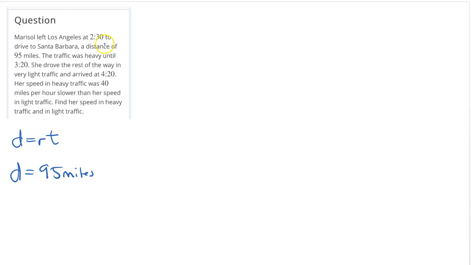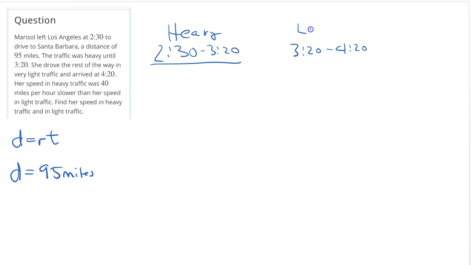So from 2:30 to 3:20, the traffic was heavy, and I'm just going to call that heavy. She drove the rest of the way in very light traffic and arrived at 4:20. So from 3:20 to 4:20, we're going to call that our light situation.